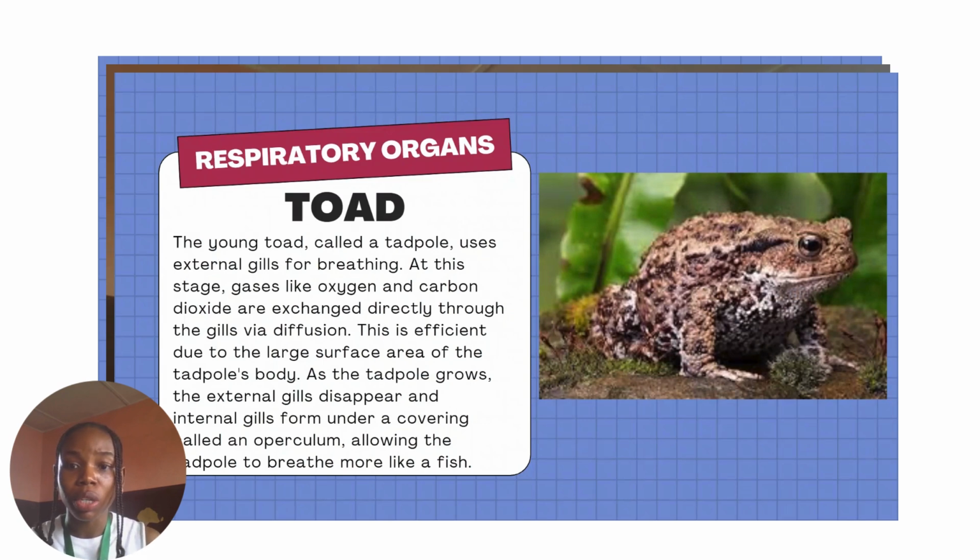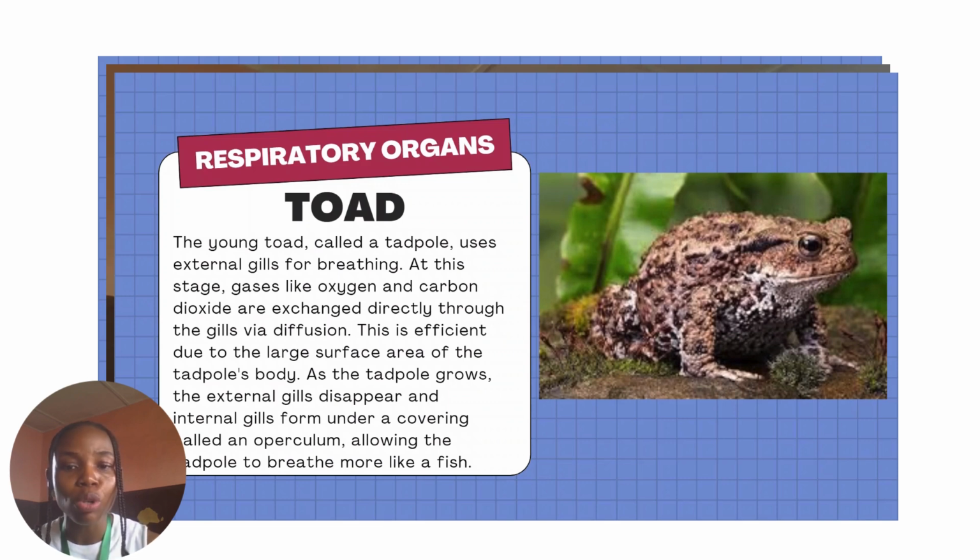Now, the young toad called the tadpoles make use of external gills for breathing. At this stage, gases like oxygen and carbon dioxide are exchanged directly through the gills through diffusion. This is efficient due to the large surface area of the tadpole's body.